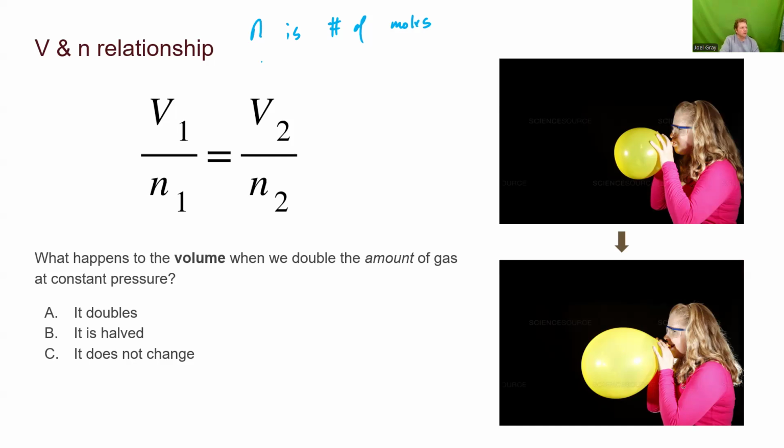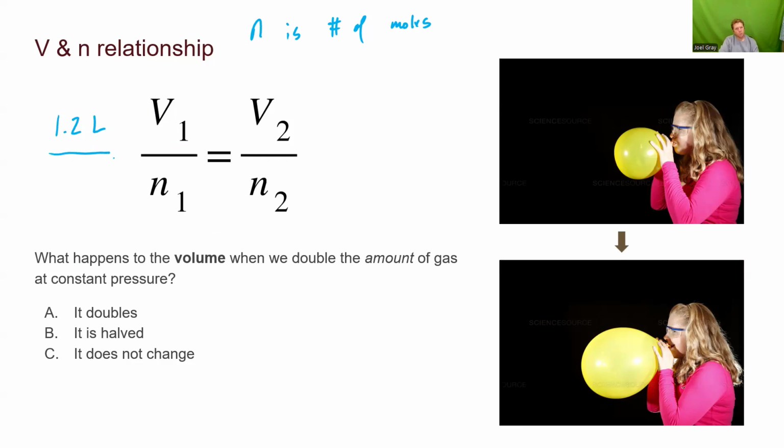We've got, let's say, a container, and we're just going to do the math to show this. What happens to the volume when we double the amount of gas at constant pressure? Is pressure in this equation at all? Nope, because it's kept constant. So now let's say that we have an initial volume of 1.2 units for this. Best units are going to be liters.